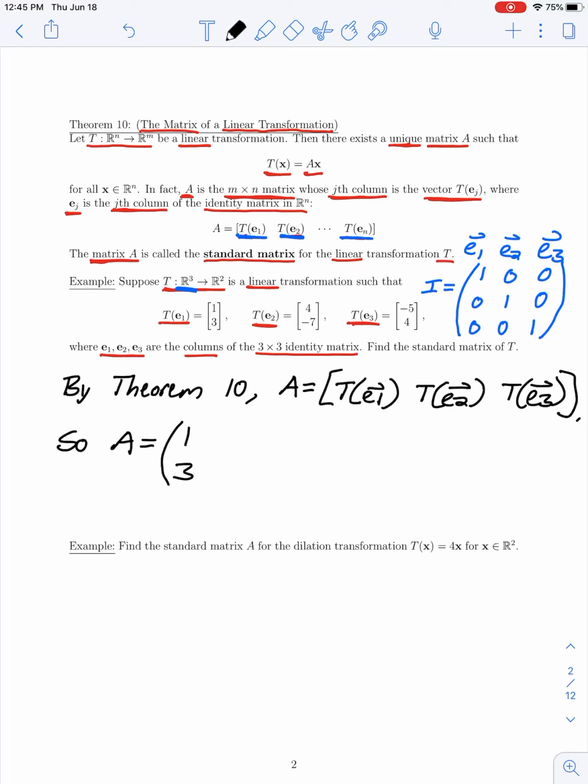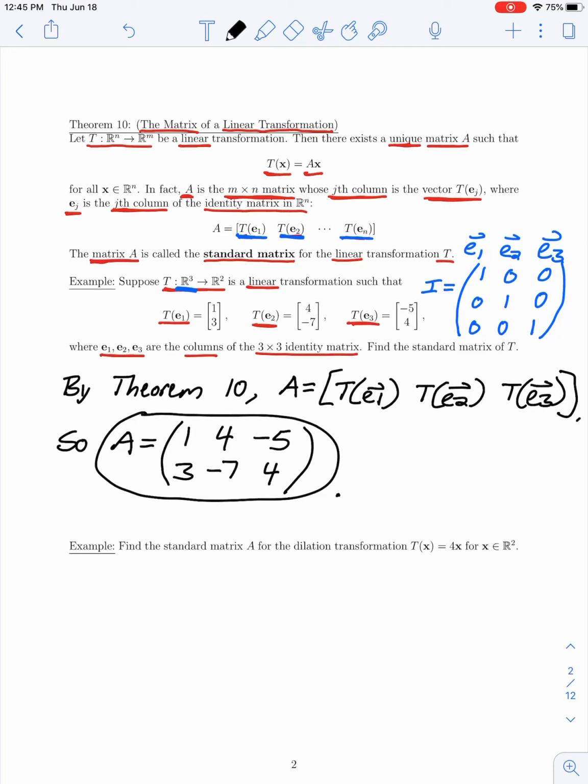The second column is T of E2, which is 4, negative 7. And our third column, T of E3, is negative 5, 4. So this would be the standard matrix for that transformation.